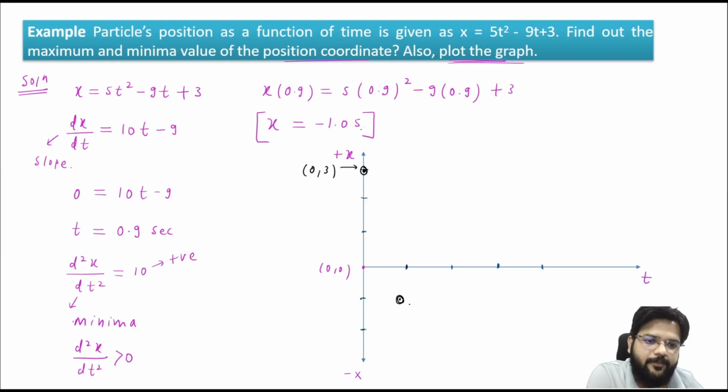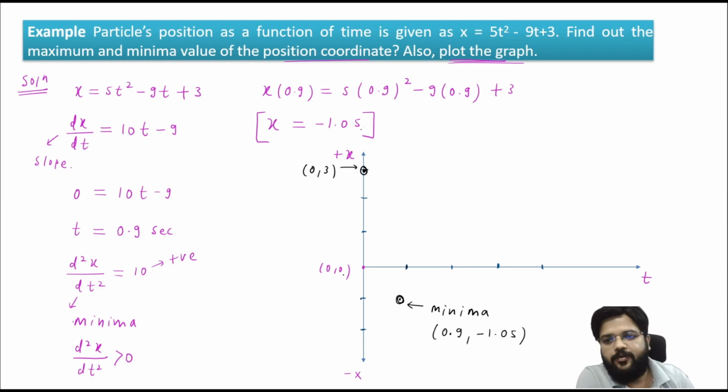Here the minima is forming, and the coordinate is t we have 0.9 and x is -1.05.